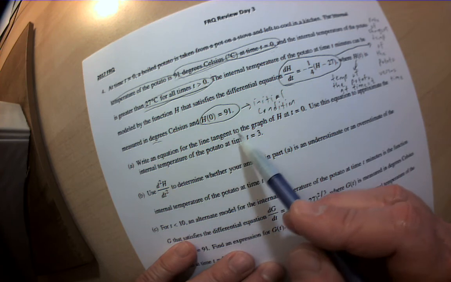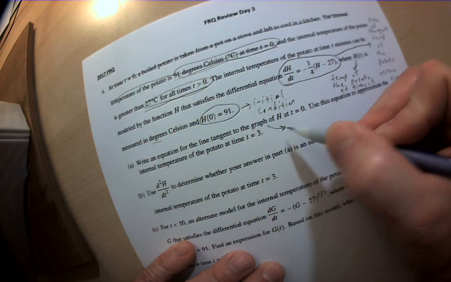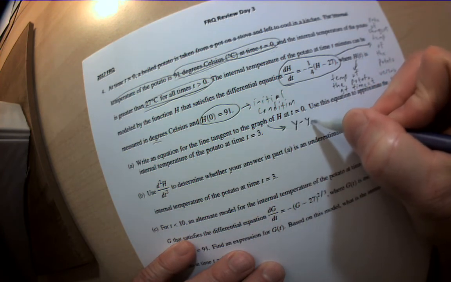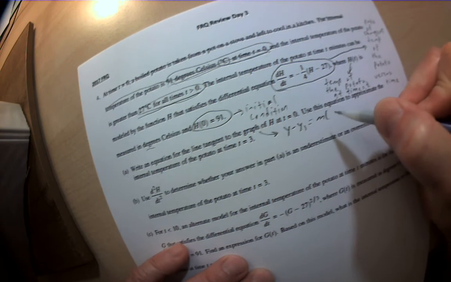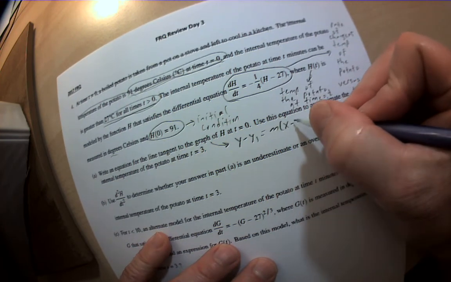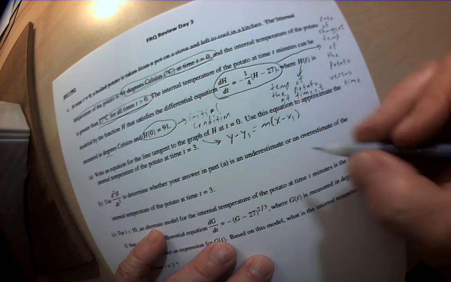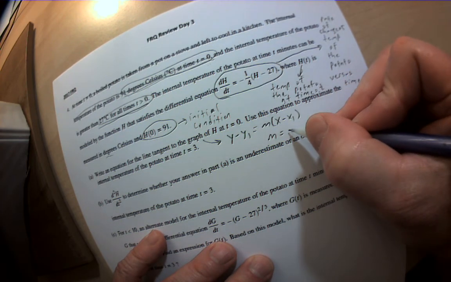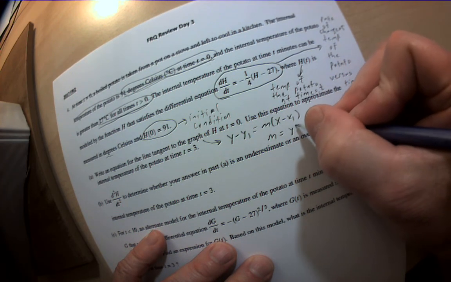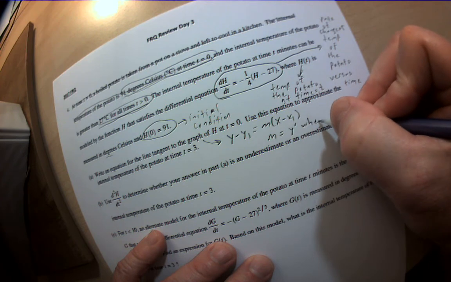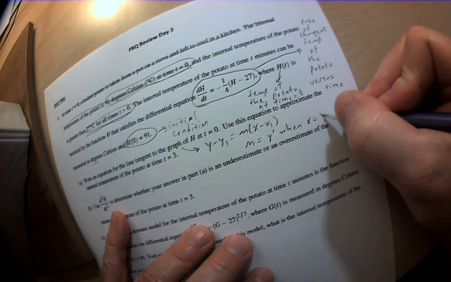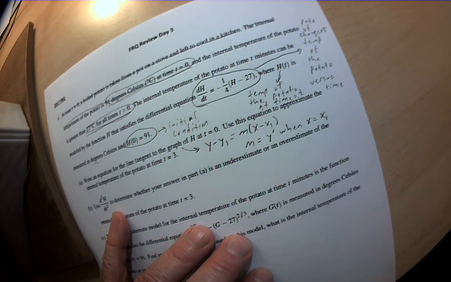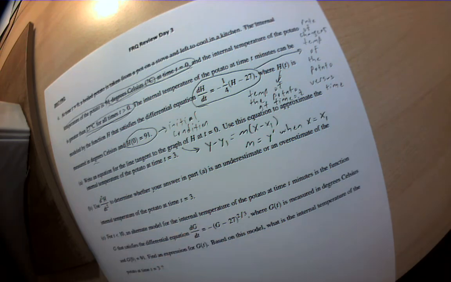Write an equation for the line tangent. Oh God, that should make you think: y minus y1 equals m times x minus x1, where m is y prime when x equals x1. Okay, they often ask you about tangent lines. You should automatically think that.